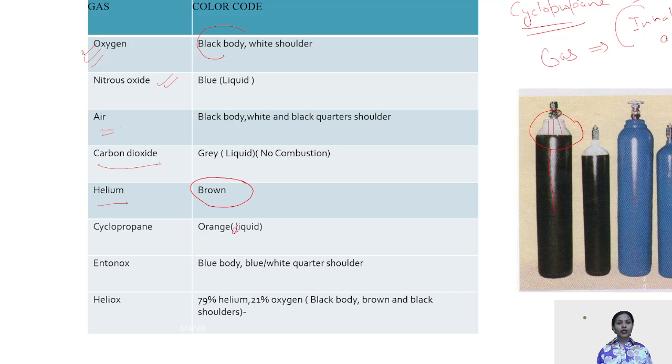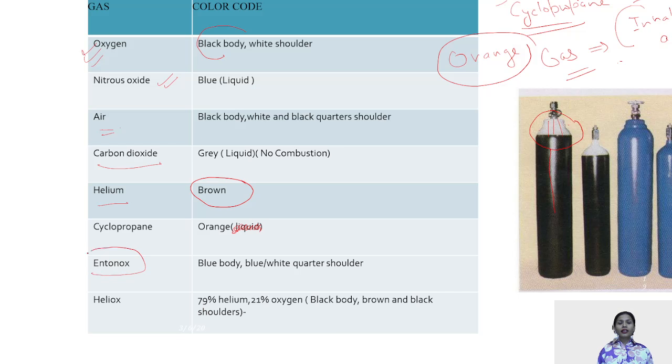It is not liquid, it is present in the form of gas. Rest all the inhalational agents are present in the form of liquid. So cyclopropane per se, which is orange in color, is present in the form of gas.